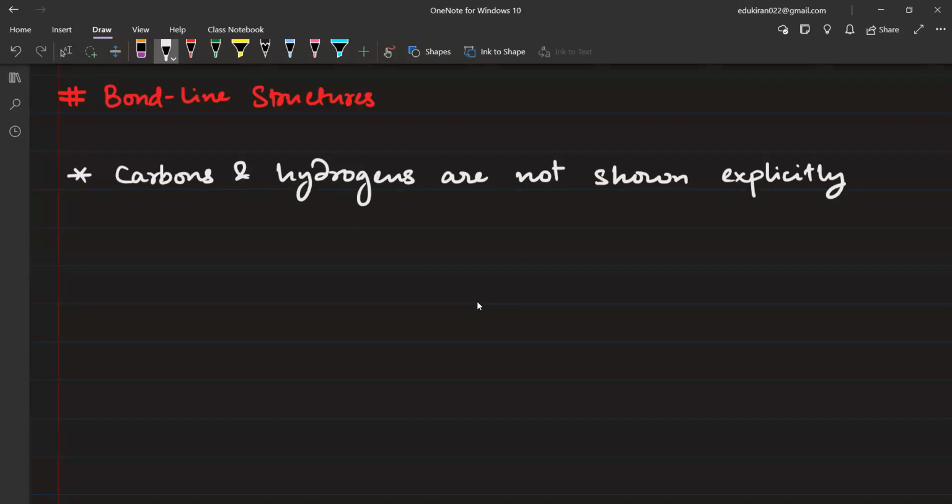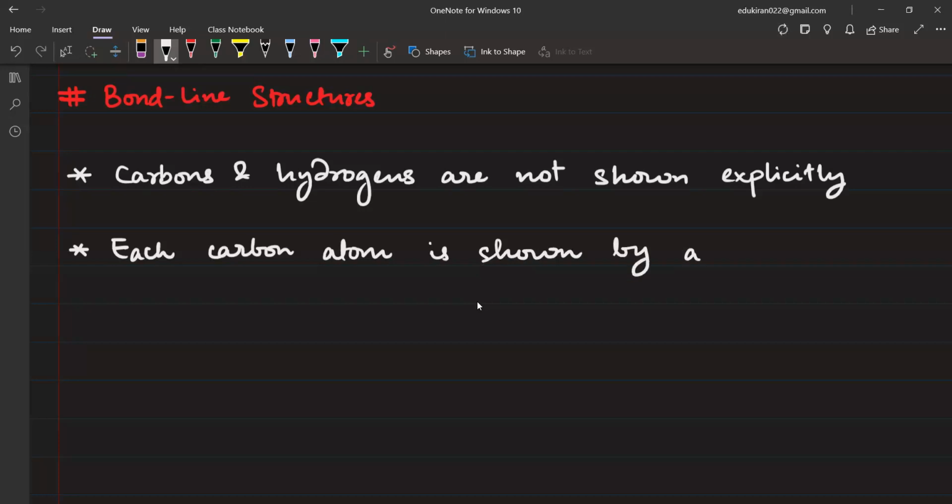Next thing is that each carbon atom is shown by a vertex, okay.